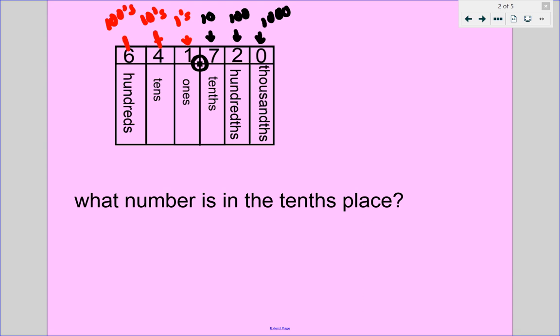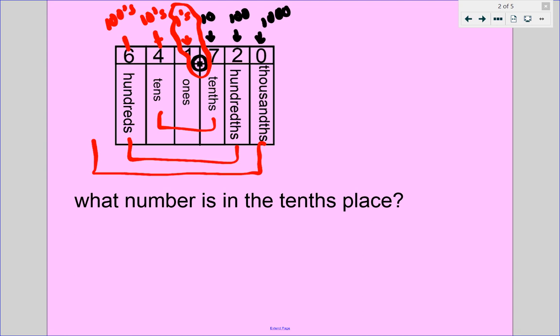Now, what I like to do is think of it as matching up. So if you think of the ones and the decimal matching up together, then what you have is just a mirrored image. The tenths and the tens, the hundreds and the hundredths, the thousandths and the thousands. We would have that match up all the way along here.